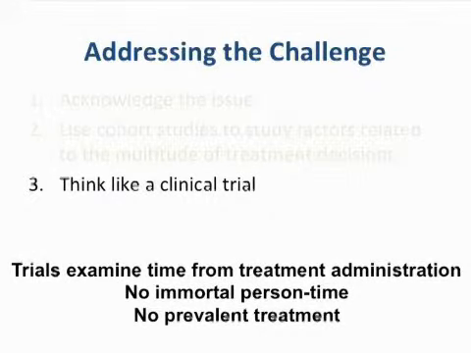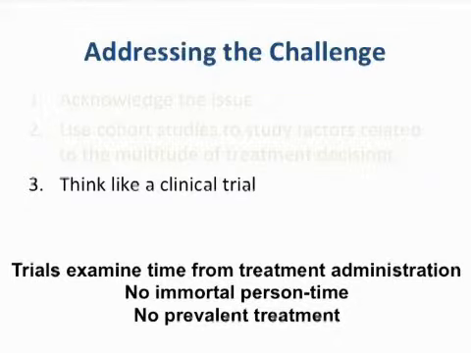Okay, so another thing that I try to promulgate is this idea of thinking like a clinical trial. Not necessarily just in terms of randomization, but how a clinical trial is actually put together.